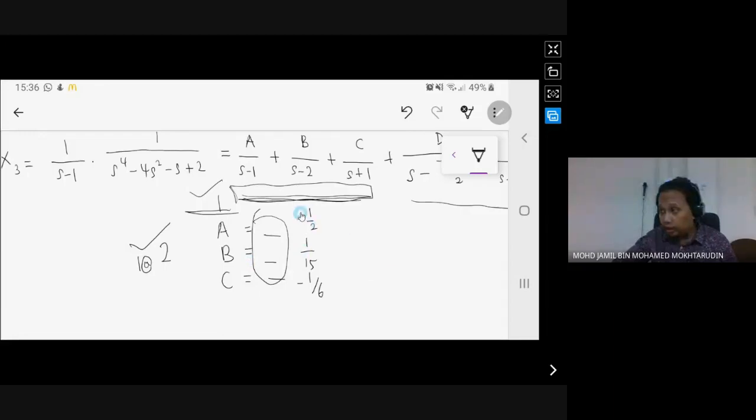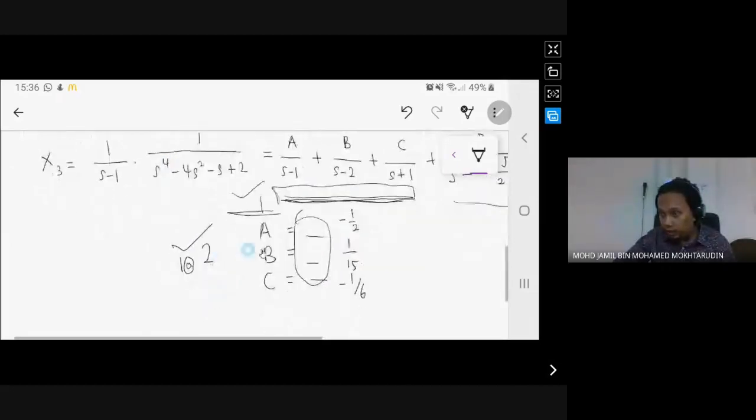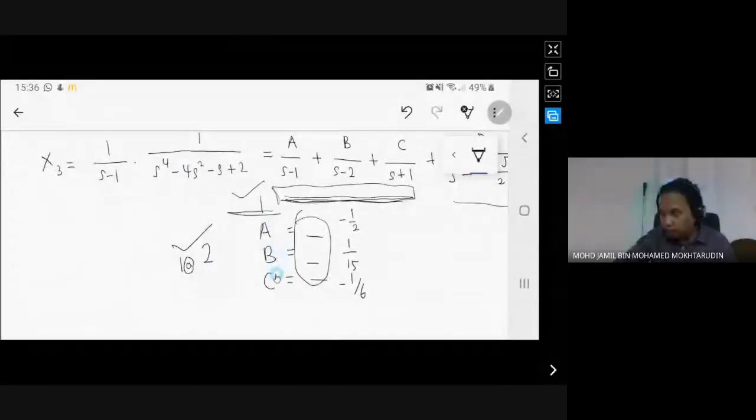As long as you get A, B, C, some values, I give you 1 mark. If you attempt A, B, C but the number is wrong, you still get 1 mark. Even if you get this number wrong, I still give you 1 mark. Meaning that you get 1 mark for separating the fraction, and 1 mark for attempting to calculate A, B, C.